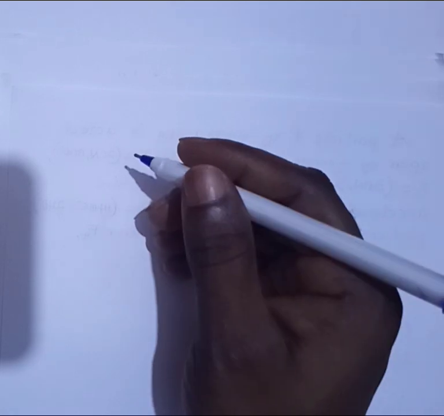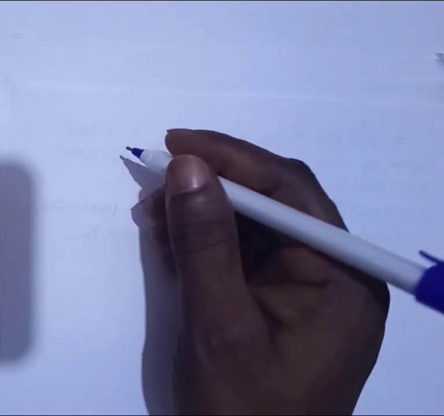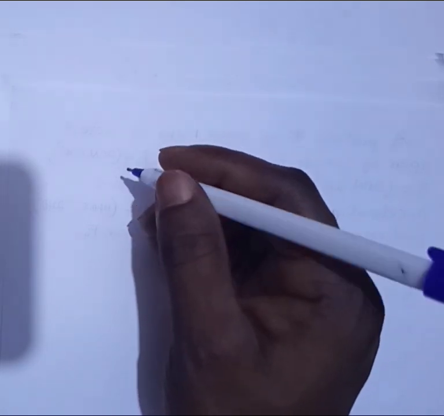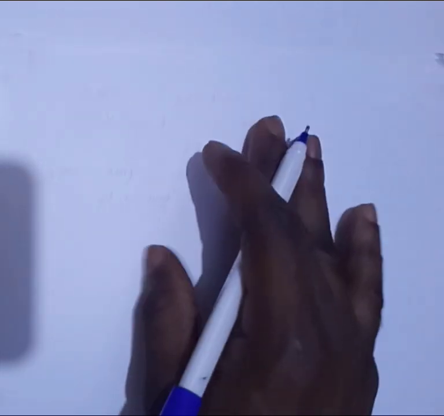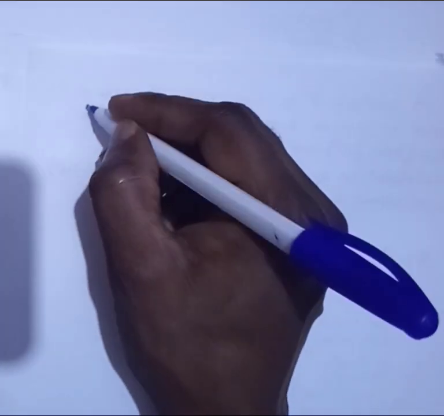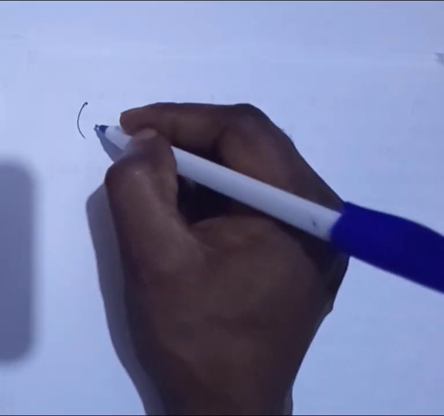So let me turn my page and then work it on the next page. All right. So once we have this, then we can group items. So we can write this here.